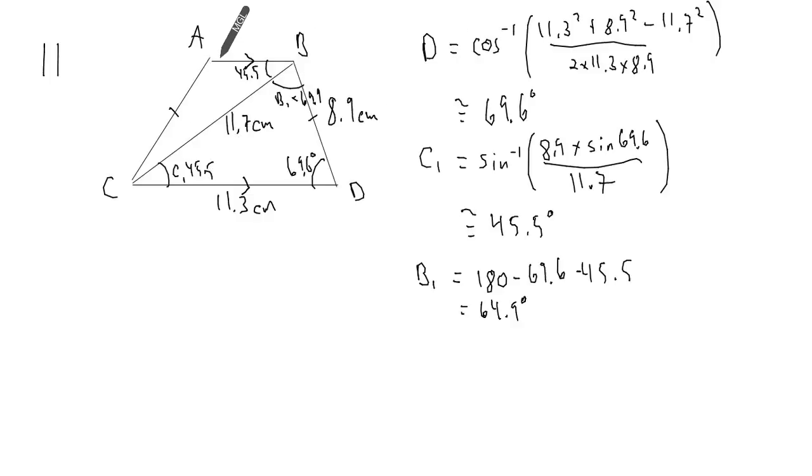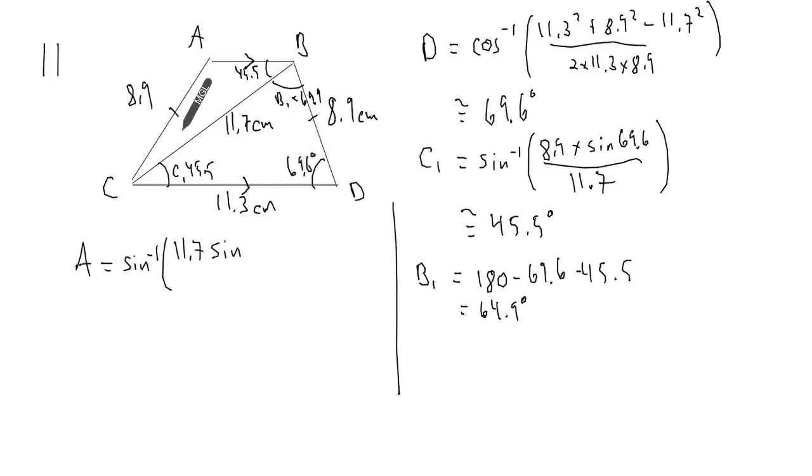So now we have to figure out this angle here, A, and the small one in here. To do that, I'm going to use the sine law because I have 8.9 over here. So let's calculate this angle A. Angle A will be equal to sine inverse of its opposite side, which is 11.7, times sine of the angle that I know, 45.5, over the opposite to that, which we know is 8.9 because it's a regular trapezoid.